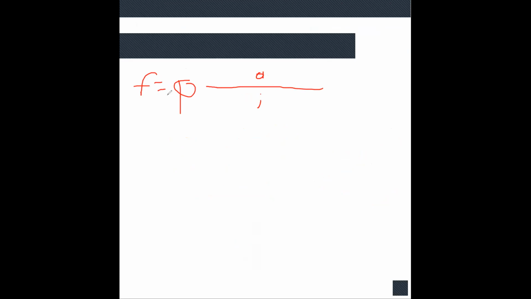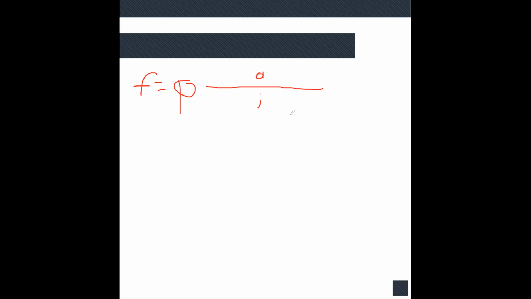It's the same thing. F is equal to P times something over I. Can you guys solve it now, for F or for P? I didn't hear that.